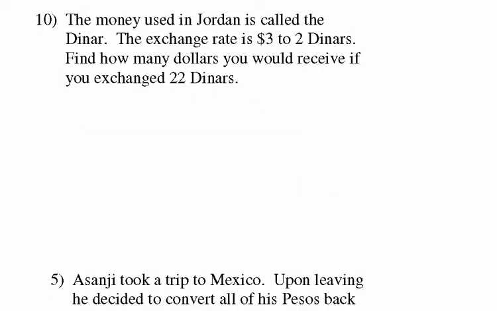And on the right, I have the known dollar amount of 32, but the unknown number of bulbs, so the unknown rate here. Our next example says that the money used in Jordan is called the dinar. The exchange rate is $3 to 2 dinars. So I already know that I have an exchange rate of $3 to 2 dinars. The unknown part is, find how many dollars you would receive if you exchanged 22 dinars.